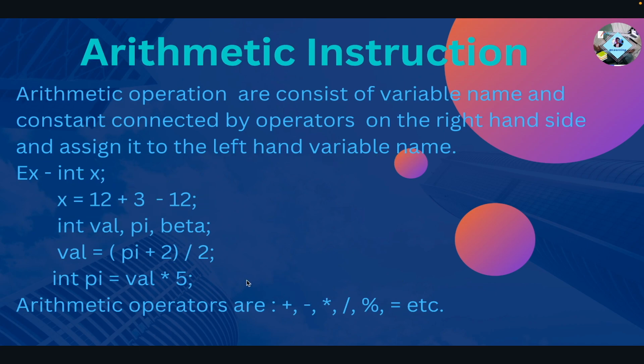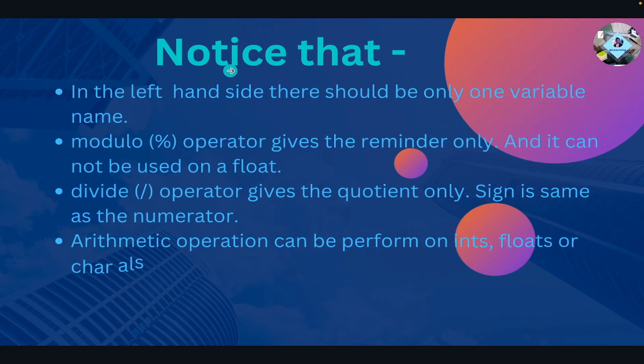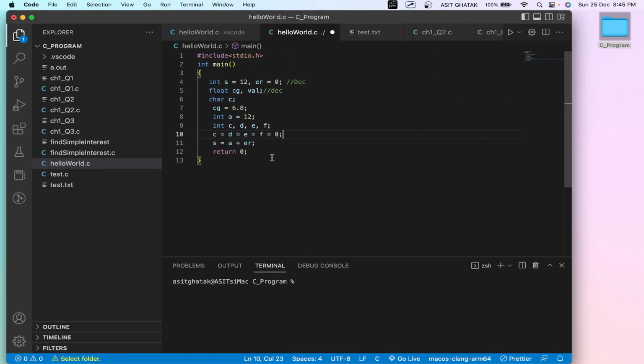So what next? Notice that in the left hand side there should be only one variable name. If we are calculating like this, s equal to something of a means 12 plus er means 0, these are calculated in the right hand side, and this should be assigned to one variable in the left hand side.